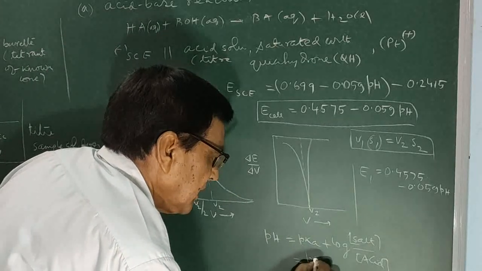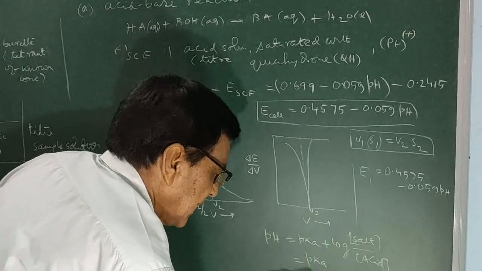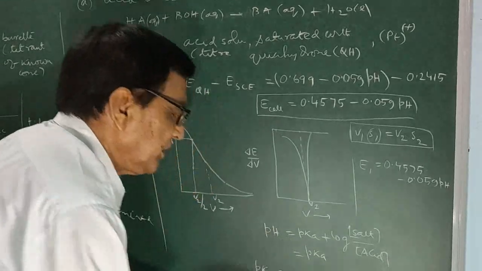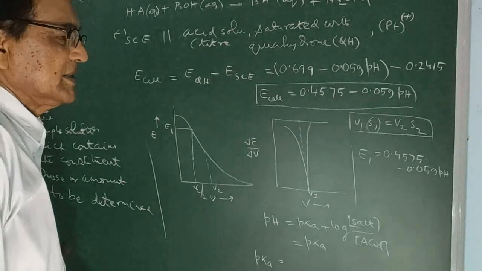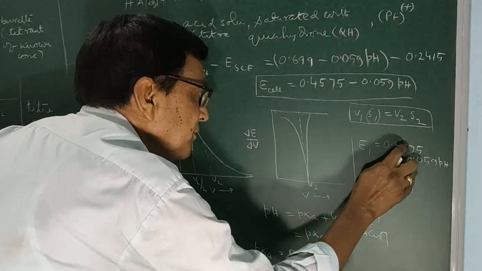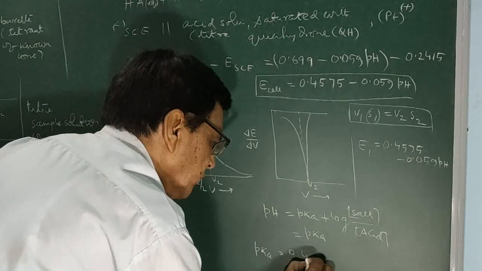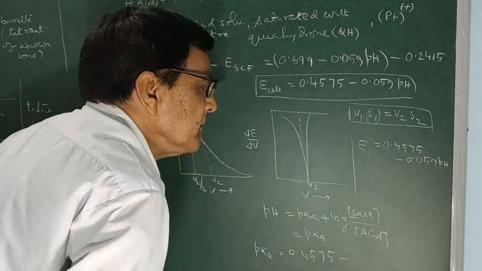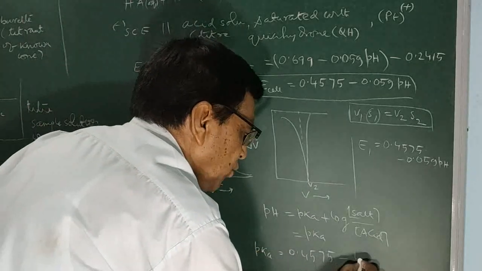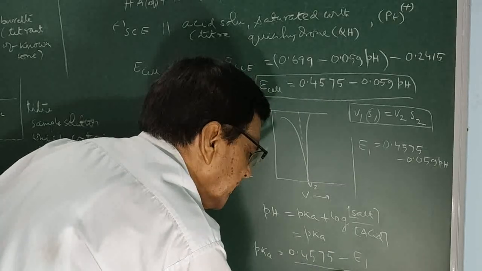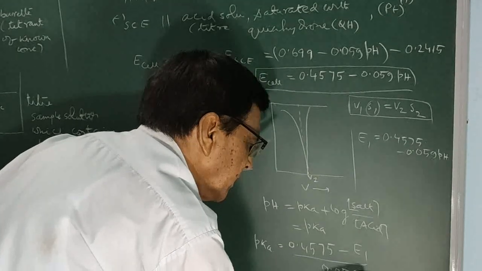pKa. And this pKa of the weak acid is then equal to (0.4575 minus E1) divided by 0.059.